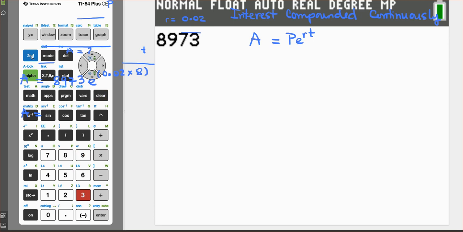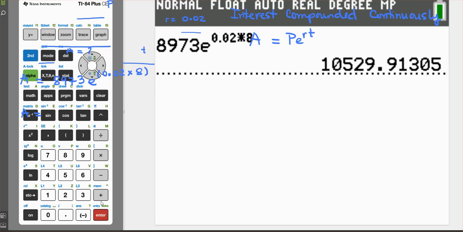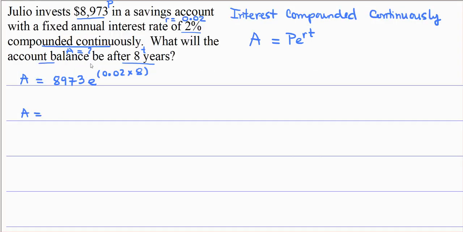E, to get e, you hit the key second, and then ln, and then put the exponent 0.02 times 8 and hit enter. So therefore after 8 years the account balance will be $10,529.91.